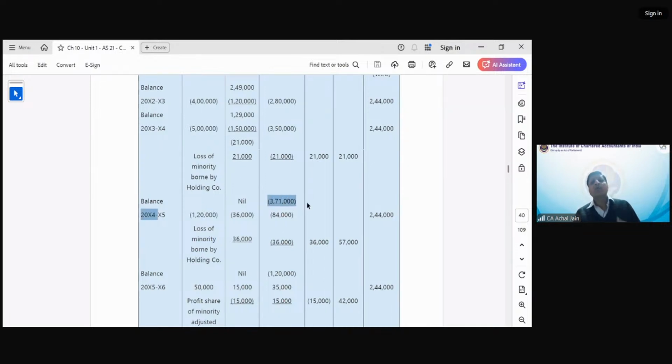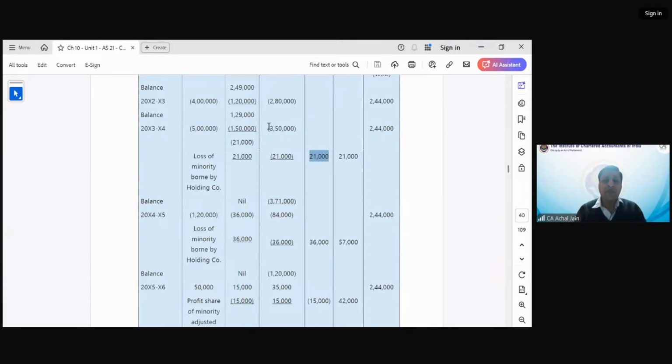Why? Because these are going to the P&L of the holding company. So this is not something you are required to look at and accumulate. This is not relevant for us. What is really relevant for us is these amounts, because the question is not asking you for the closing balances of the P&L of holding company or the P&L which will be there in the consolidated balance sheet.